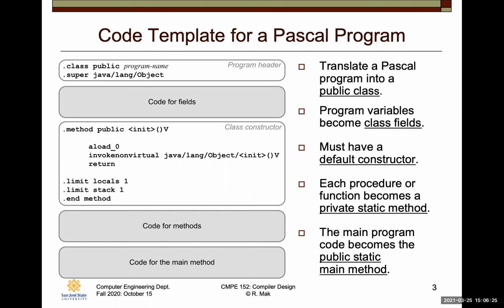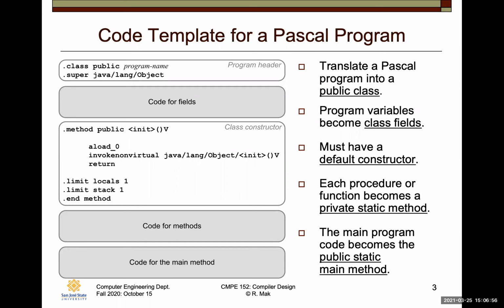Okay, all right. So that is our strategy, and if we make it look as if it were a Java program, then the Java virtual machine will be more than happy to execute this thing once we've generated the assembly code, and then we run the Jasmin assembler and generate the .class file, which is the binary object format for the Java virtual machine.